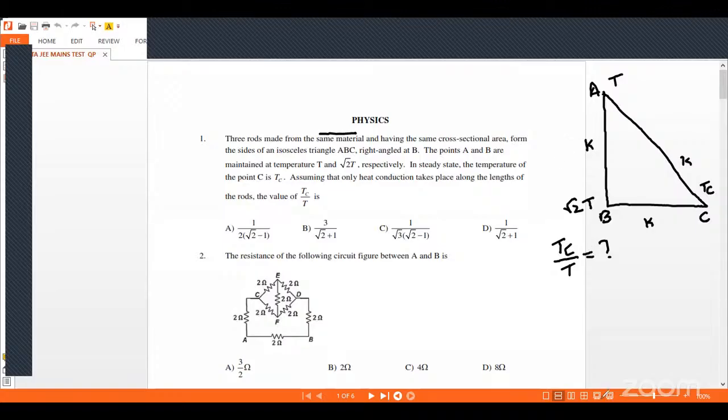We know the rate of heat transfer, Q by t, along BC is equal to Q by t along CA.